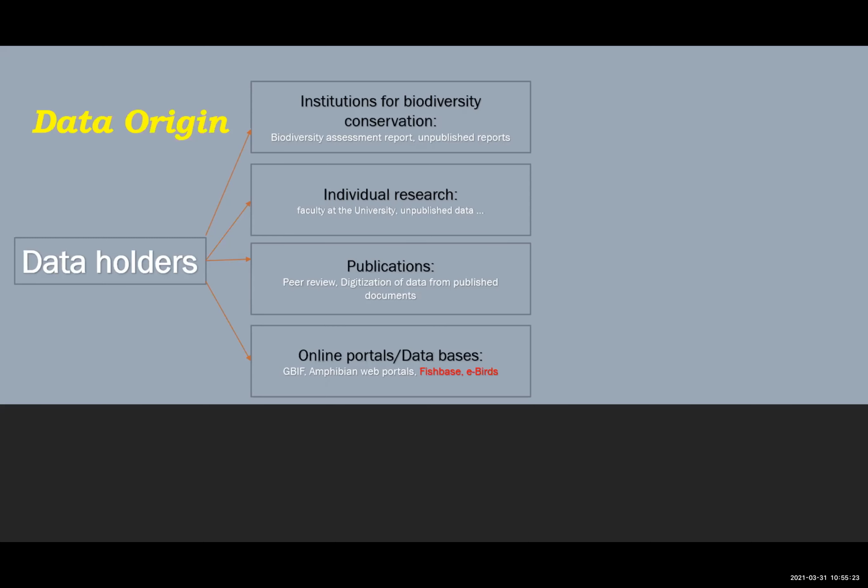Some of these institutions, like the Rwanda Environmental Management Authority or the Albertine Rift Conservation Society and others, conduct regular monitoring of wetlands. Through the assessments, they develop different technical reports that we use in order to have their data.